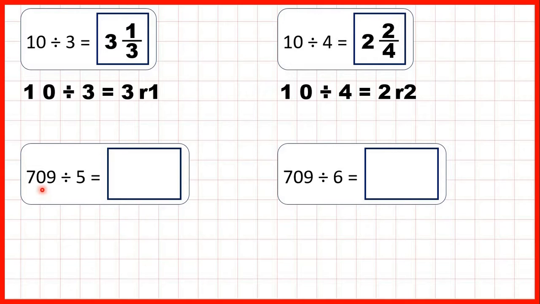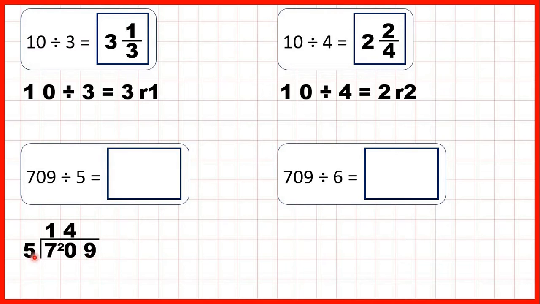Now we have 709 divided by 5. So here we're going to need to use short division. 7 divided by 5 is 1 remainder 2, because 1 times 5 is 5, then we need 2 more to get to 7. 20 divided by 5 is exactly 4 with no remainder.